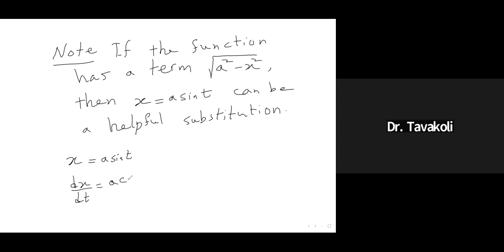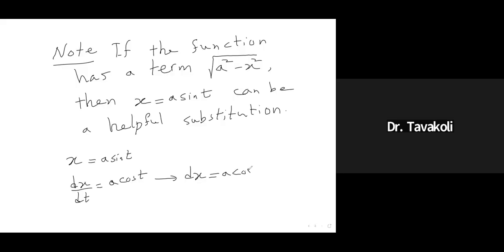A cosine t. And therefore, the cross multiplication tells me that dx is a cosine t dt. So if I let x be a sine t, then dx is a cosine t dt.